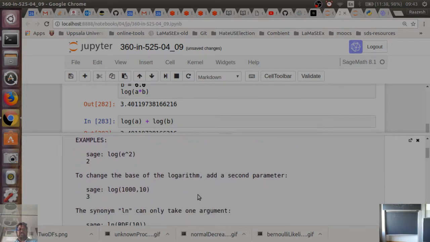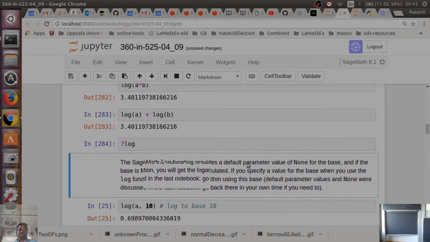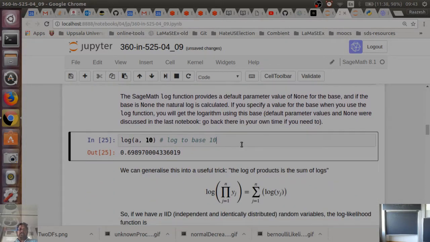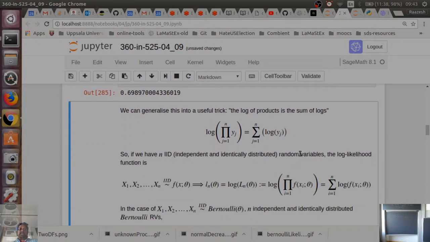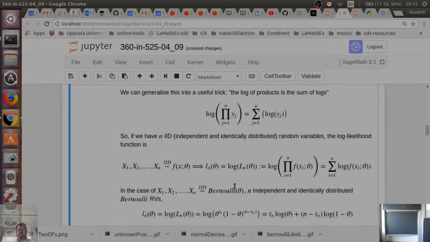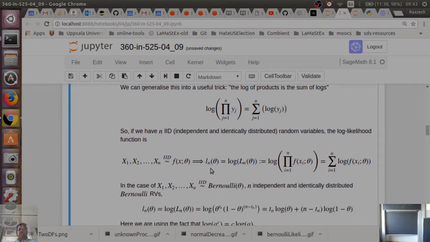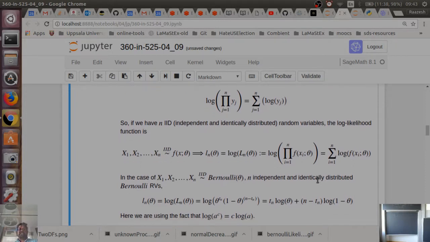If you want log with other bases, you just put a comma 10, because the default parameter is base e. Yeah, that's essentially our nice property of logarithm. So now we use lowercase l sub n for the log likelihood function, and uppercase L sub n was for the likelihood function. So we simply take the logarithm of the likelihood function, and log goes inside the multiplication as a sum.